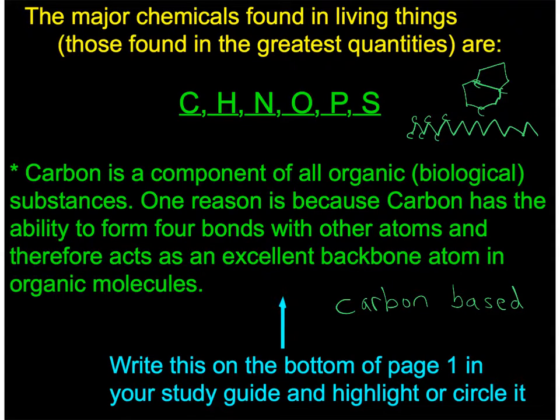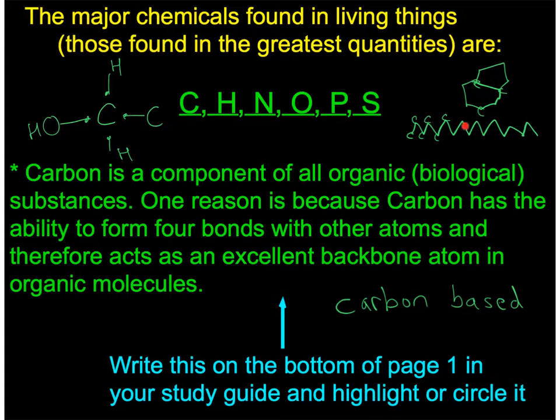Carbon is a pretty cool atom because it has 4 valence electrons. And because it has 4 valence electrons, it can easily make 4 bonds with other atoms. And so as a result, carbon makes a great backbone molecule.